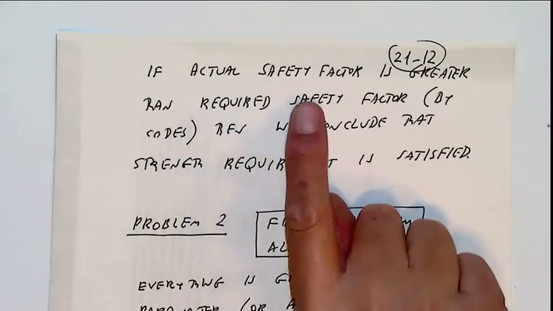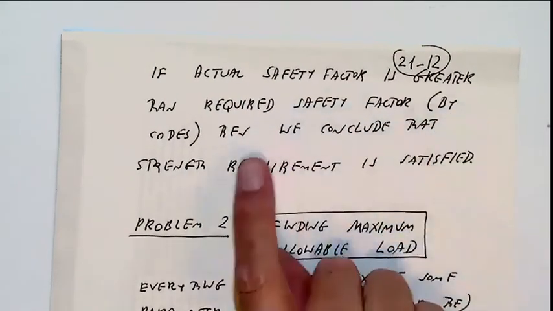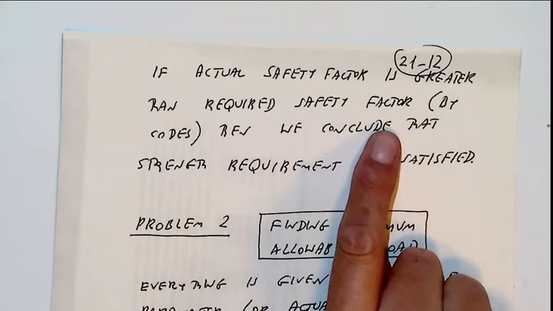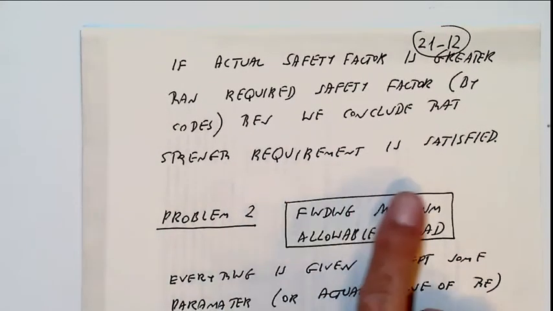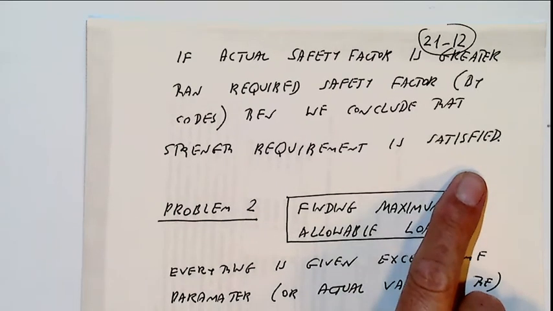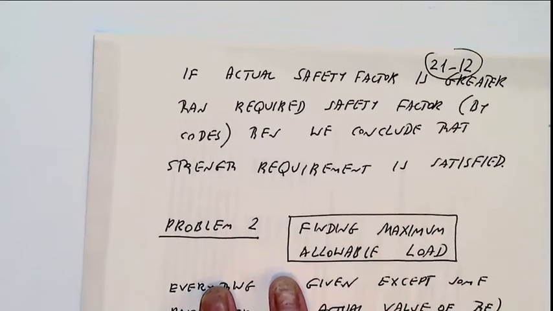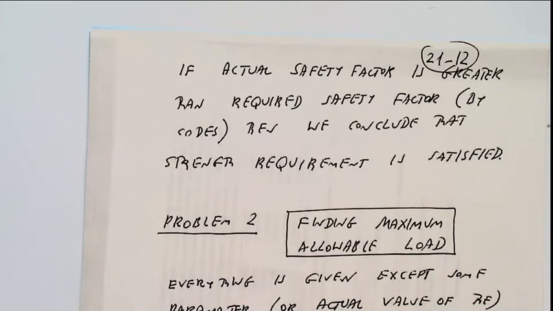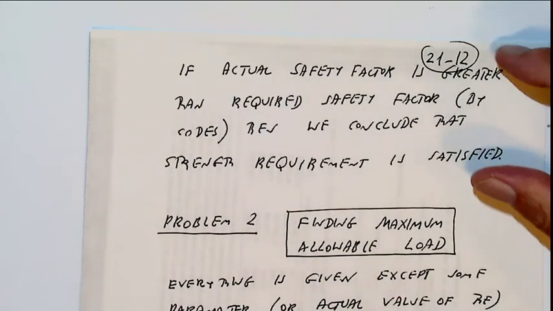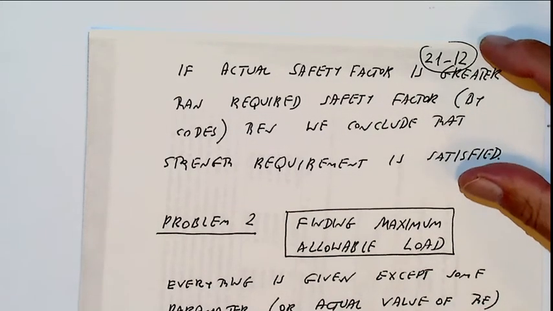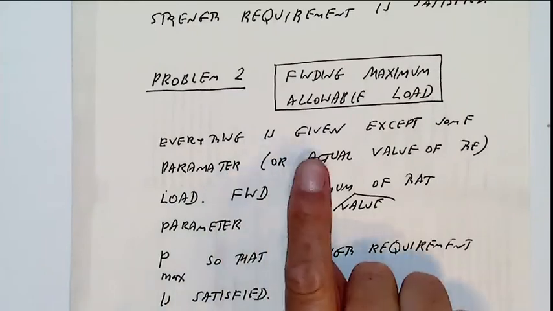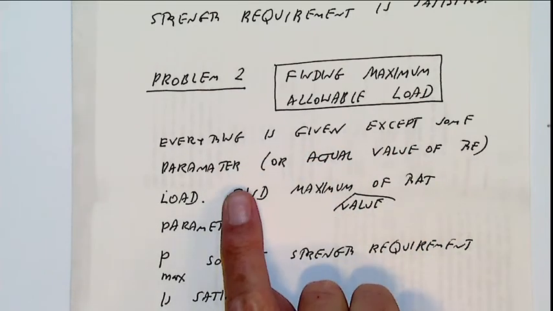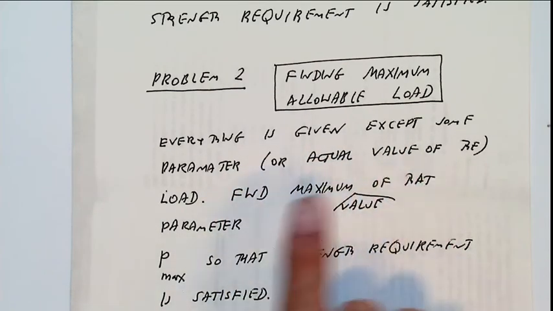If the actual safety factor is greater than the required safety factor by codes, then we conclude that the strength requirement is satisfied. So that was problem 1. Problem 2: everything is given except some parameter or actual value of the load.